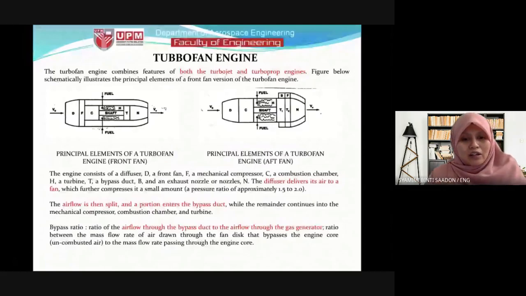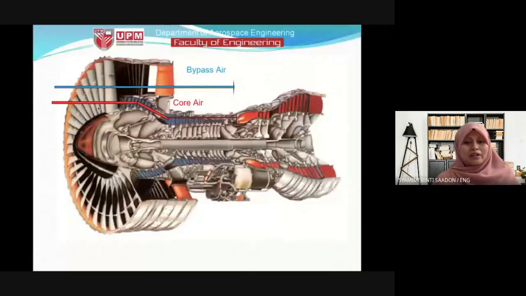Okay, so it is the ratio between the mass flow. Normally, why do we use blue and red? Other than core air and bypass air, we also name them hot air and cold air, because the portion of the air that enters the core engine is hotter, higher in temperature, than the portion of the air that flows into the bypass duct.